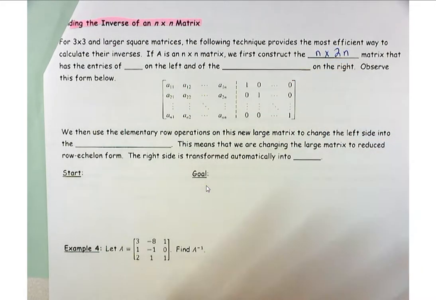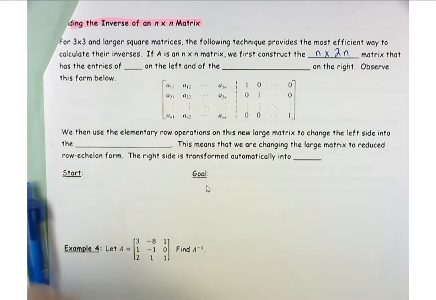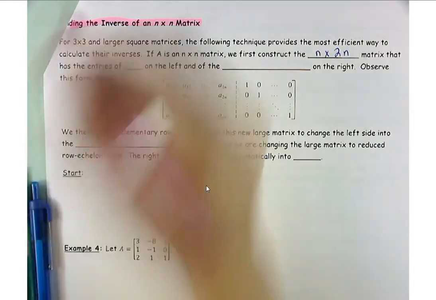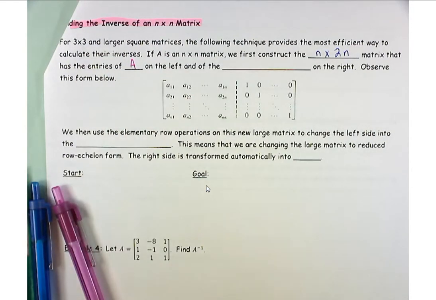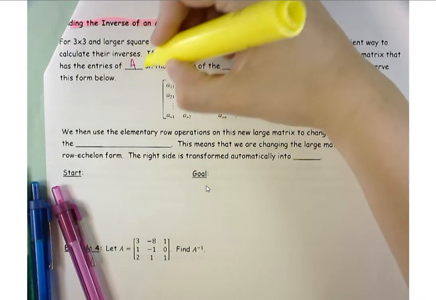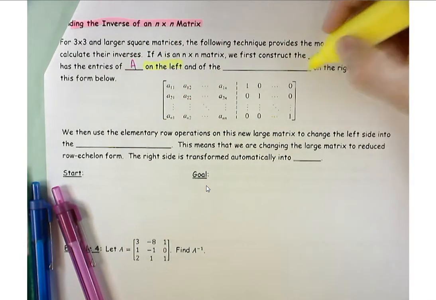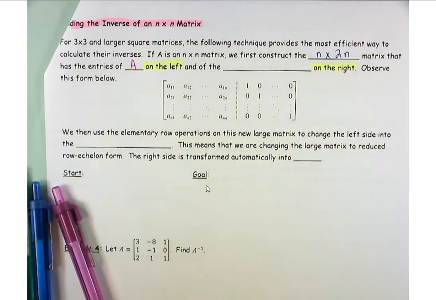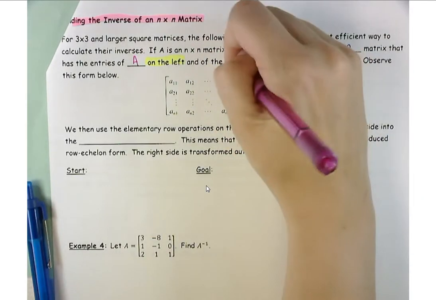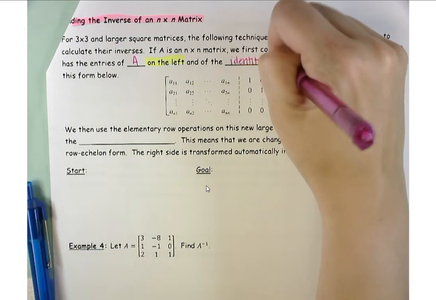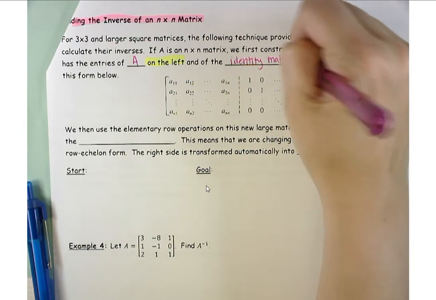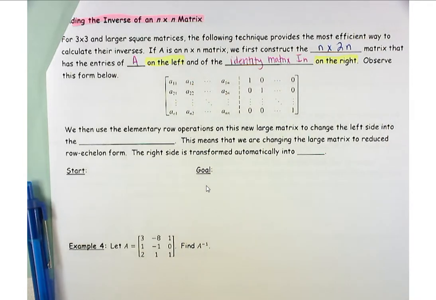You're going to end up doing that naturally based on the next step. Okay, so you're going to calculate that matrix that's going to have the entries of A on the left. And then it's going to be the identity matrix, I sub n, on the right.